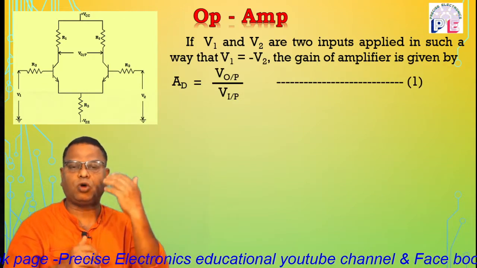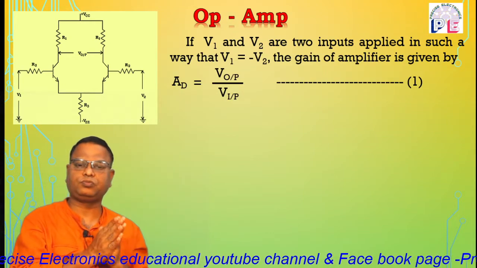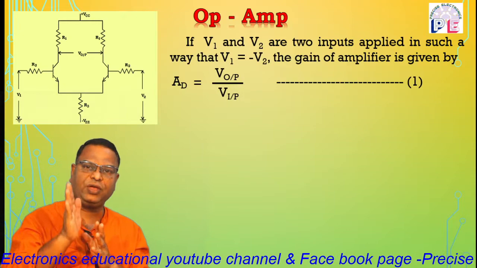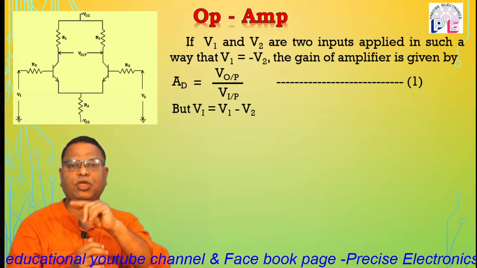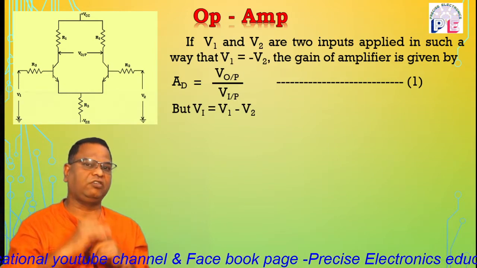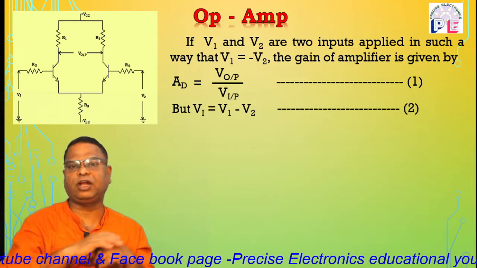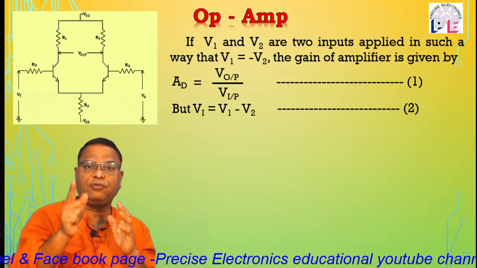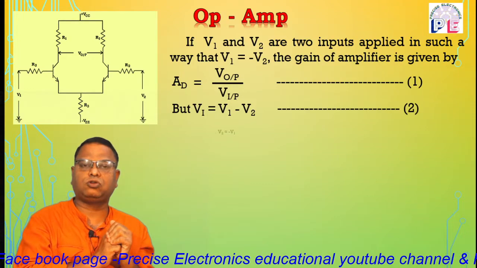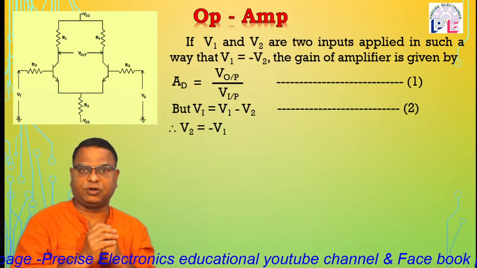So V output upon V input, that is equation number 1. But Vi, the input, is equal to V1 minus V2, equation number 2, because it is a differential mode. But V1 is equal to minus V2, or we can also state that V2 is equal to minus V1.